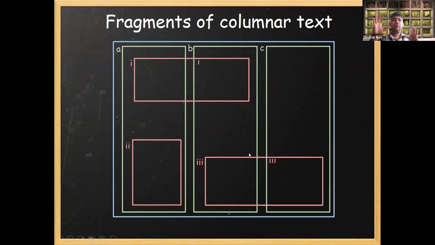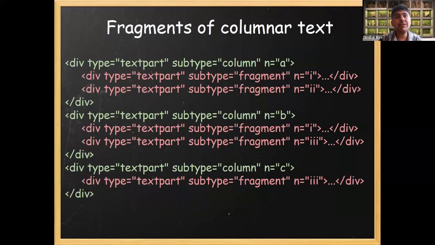And then you can double with the visualization in such a way as to connect properly the part of fragment 1 which is connected in column A with the part of fragment 1 which is connected with column B, and respectively the part of fragment 3 which is connected in column B and the one which is contained in column C. But this is a job of the visualization scenario.